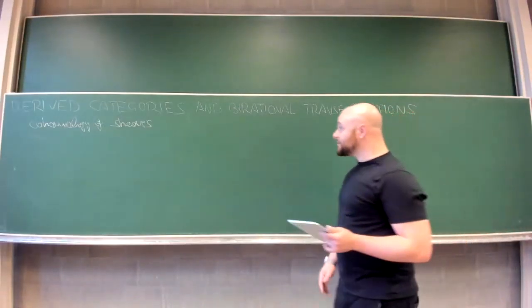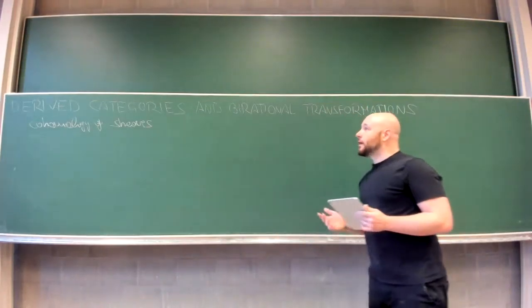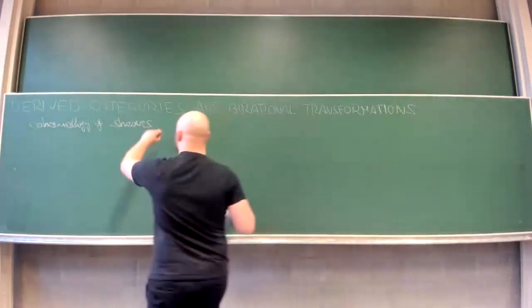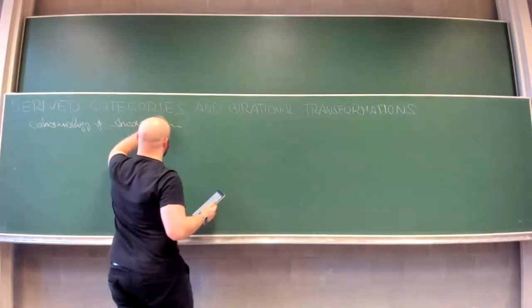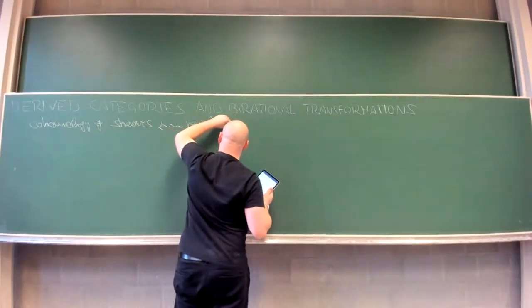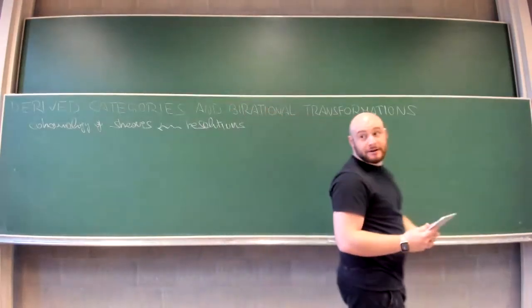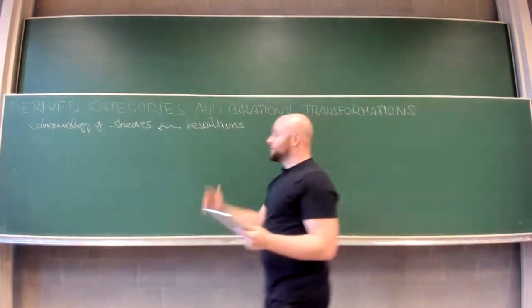Sometimes we don't have these tools, but we find a slightly less direct way, which is by using resolutions. So to compute this, very often we use resolutions. There are many examples of resolutions we typically use in algebraic geometry to describe cohomology of sheaves.